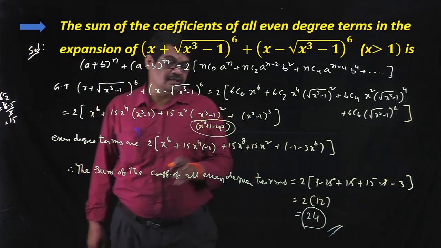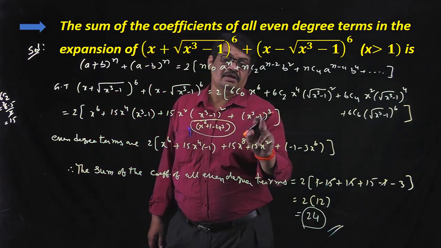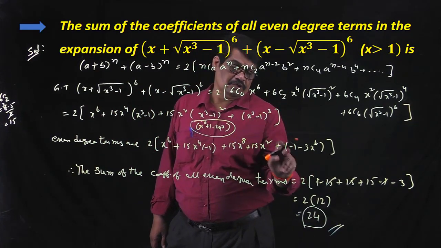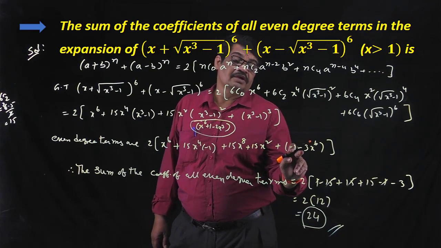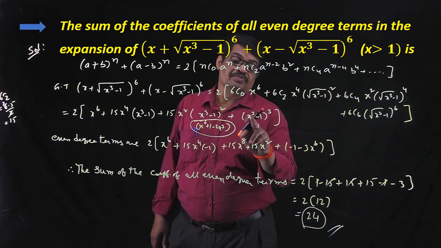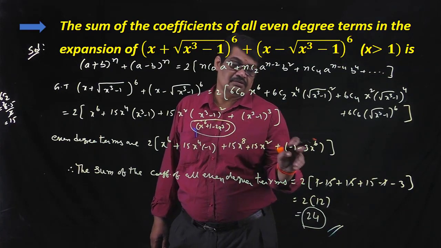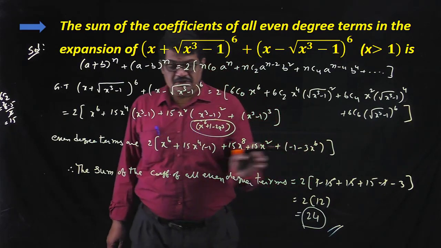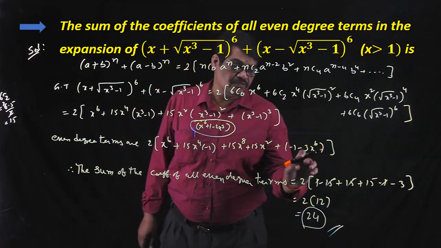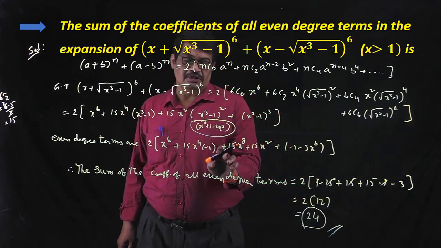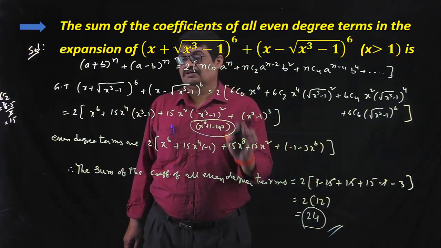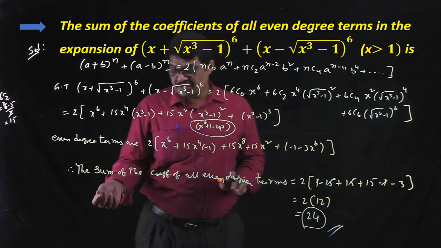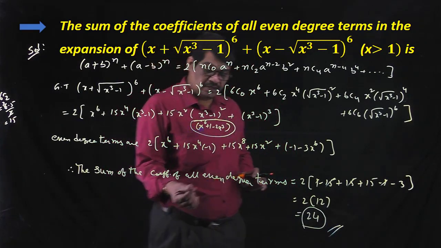Now we are eliminating. So in the last term a minus b whole cube, in this expansion a cube minus b cube, that is minus 1. So next term, that is minus 3 a square b, that is 3 x power 3 whole square, that is x power 6. So these are the even degree terms in this expansion. In that, the sum of the coefficients of all even degree terms.